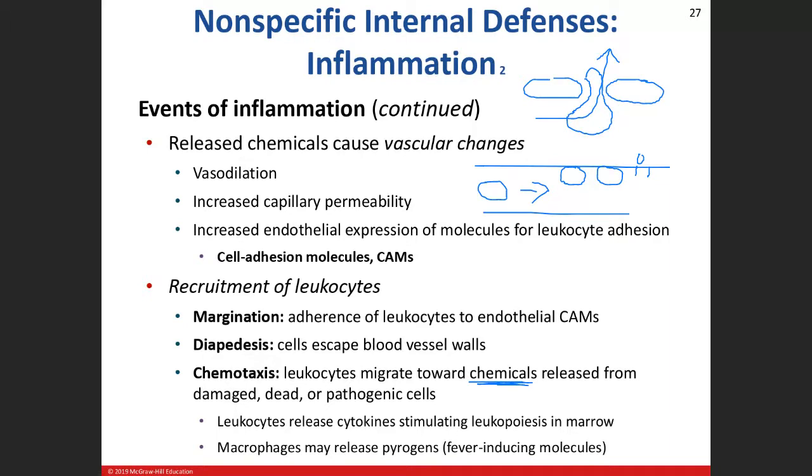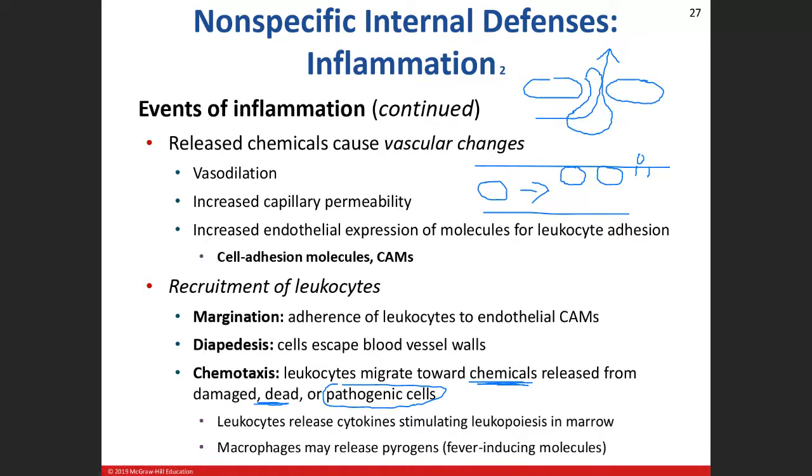It can either be from the mast cells or some of the immune cells that are sitting there, from the damaged or dying cells, or if we get any pathogens like bacteria or viruses into that injured area, they'll release chemicals that will attract these immune cells to the area.